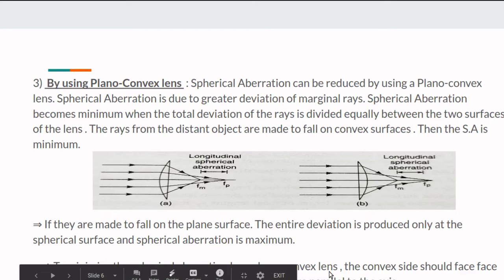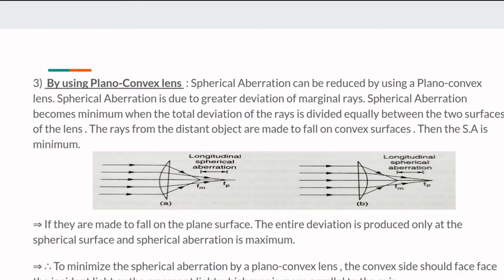Next, the important method is by using plano-convex lenses. We know that a convex lens means a double convex lens, that means both sides are convex. In this case, we use plano-convex lenses.